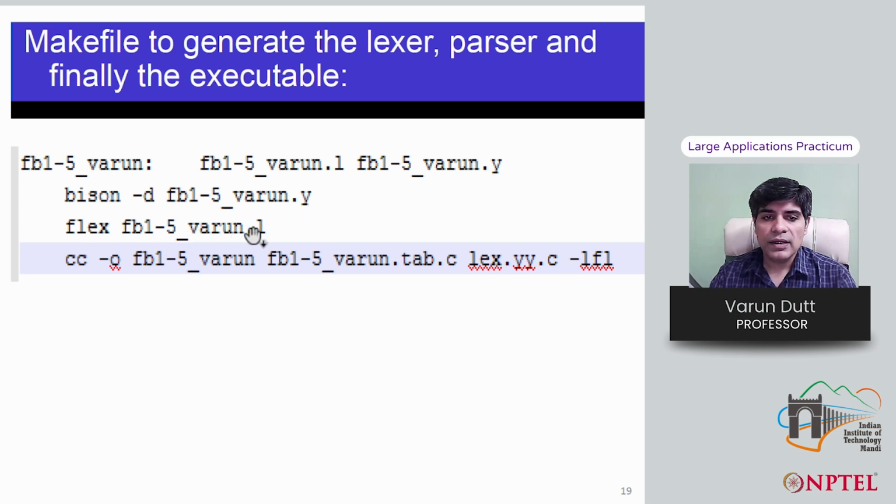Then we compile the flex file, and then we use the cc compiler to create the object, with the flex file and the Bison file, linked through the -lfl flag, so we are able to execute it. Once this gets created, we can write ./fp1-5_Varun, run the program, and see the calculator in action.